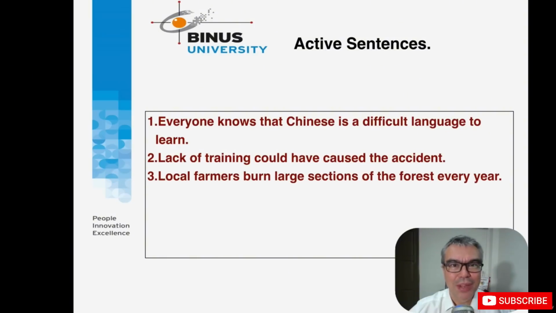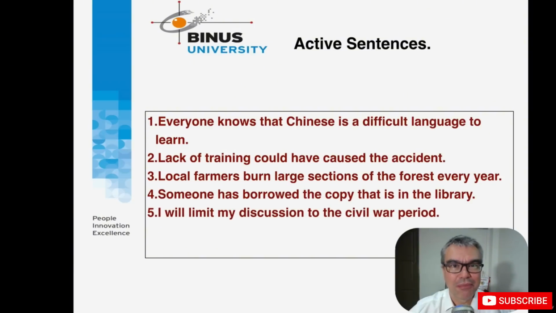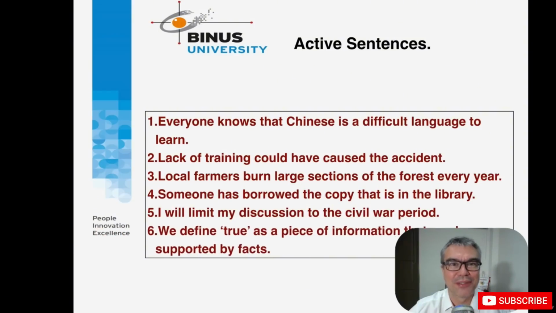Number 3, local farmers burn large sections of the forests every year. Number 4, someone has borrowed the copy that is in the library. Number 5, I will limit my discussion to the Civil War period. Number 6, we define true as a piece of information that can be supported by facts.